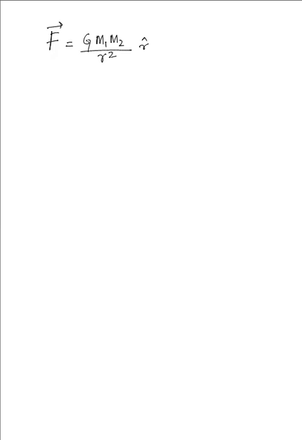But what we also learned is that the force here is inversely proportional to the square of the distance that is separating the two masses. That means as the distance increases, the gravitational pull decreases. Of course, this is the only force which is attractive in nature.